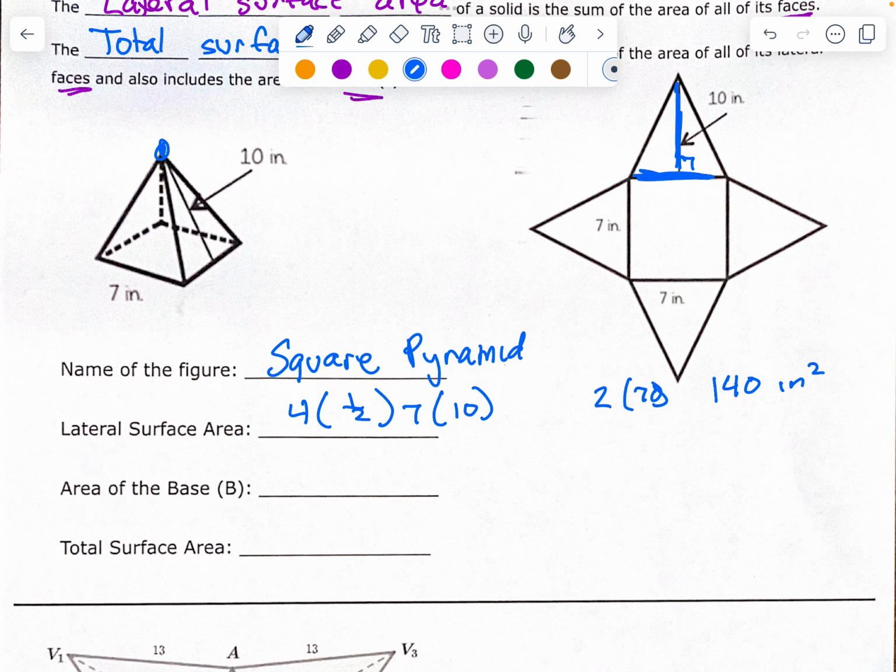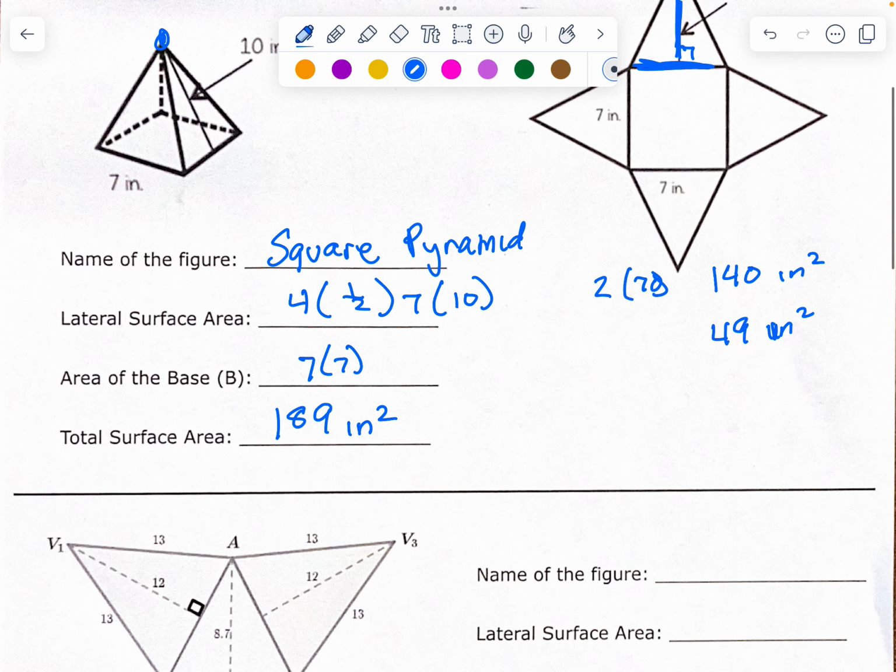The area of the base is a square, which is 7 times 7, which is 49 inches squared. So the total surface area is 189 inches squared because I'm adding the lateral plus the base.